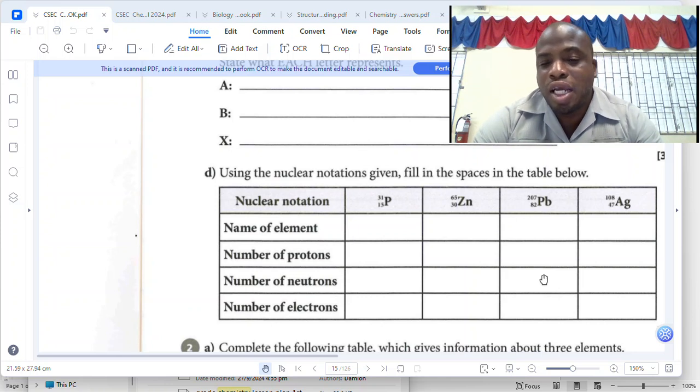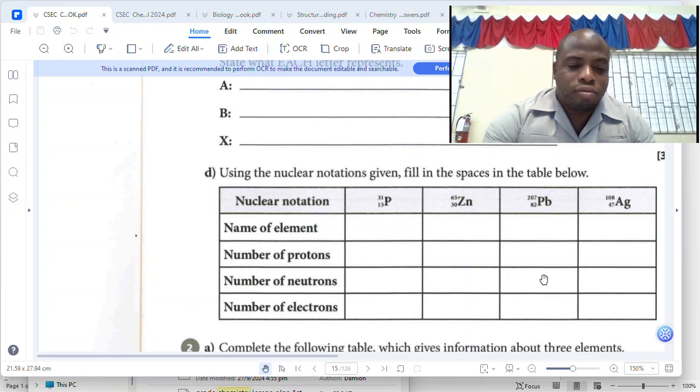They don't have any charge, because same number of protons, same number of electrons. So if I have 15 protons in phosphorus, then I would have 15 electrons also present in phosphorus. And you can do the others and tell me, what do you have for zinc, lead, and silver?